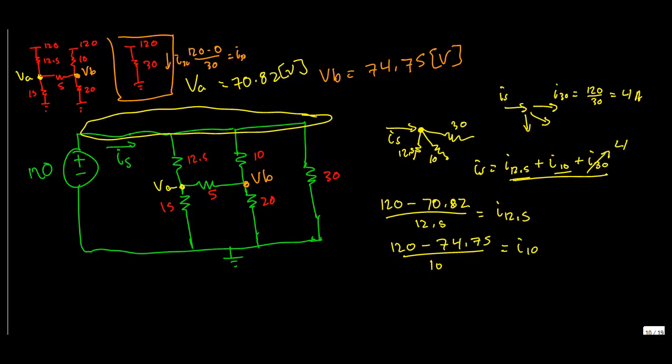I just made that mistake for some reason. I don't use the calculator much. So 120 minus 70.82, then we divide that quantity by 12.5, and we add that to 120 minus 74.75, divide that one by 10, and then we just add 4. So I got the current as 12.459, so IS is about equal to 12.46 amps.